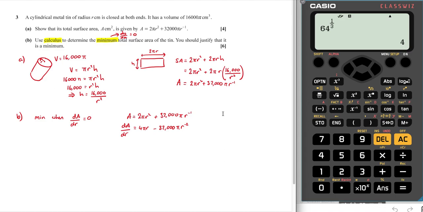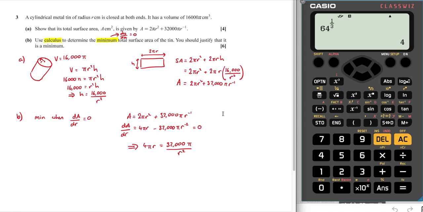And then I therefore know that you get the minimum where this is equal to 0. So I can therefore say 4 pi r is equal to 32,000 pi, and I'm going to write this as r over r squared, just to make it a little bit more obvious about what's going on here. Just flicking between those power laws.